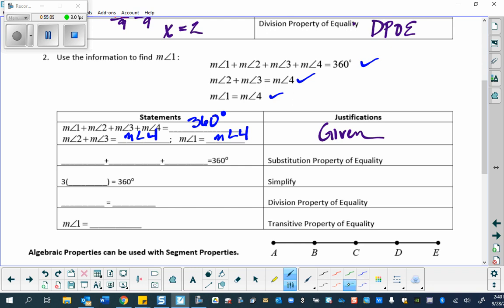So here's something pretty cool that I can do. Instead of writing the measure of angle 1, I'm going to write the measure of angle 4. Instead of writing the measure of angle 2 and 3, I'm going to write the measure of angle 4.